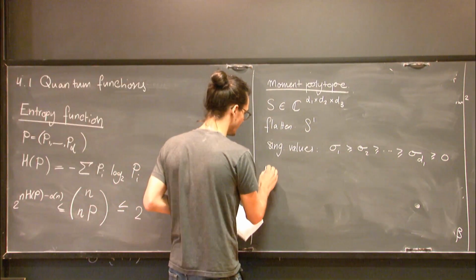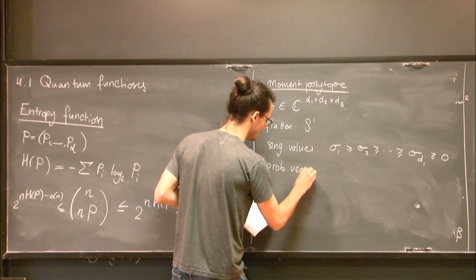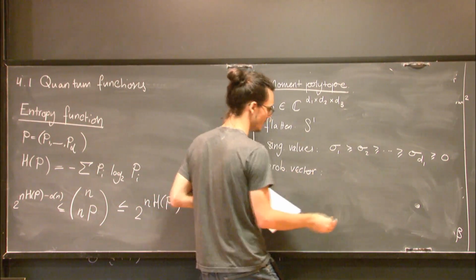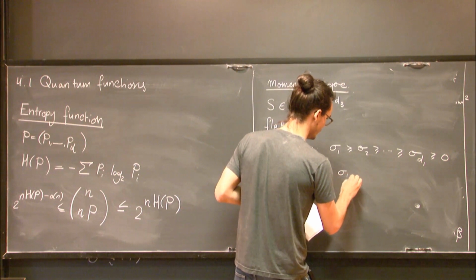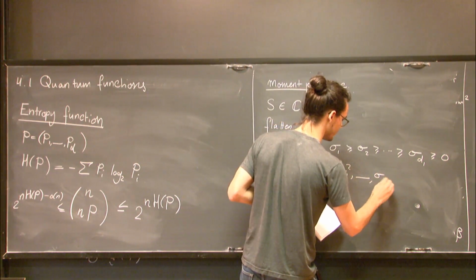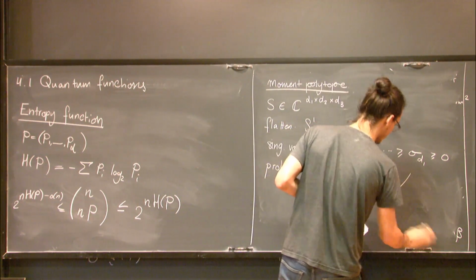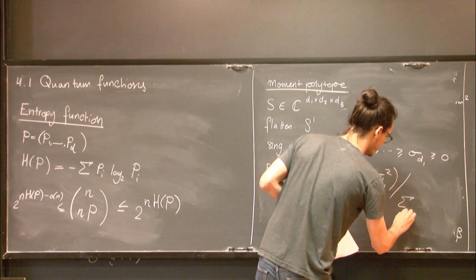And I want to turn this into a probability vector by squaring and then normalizing. So I take my singular values, I square them, and I divide by their sum.